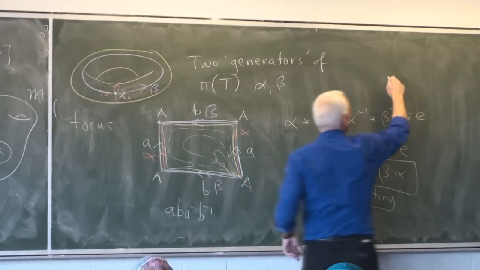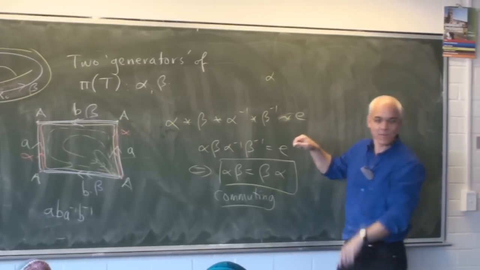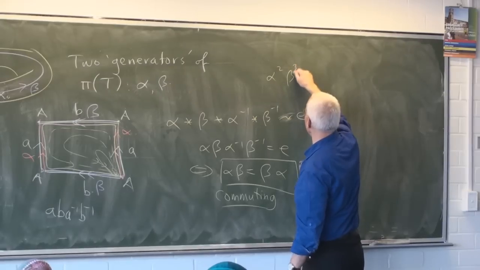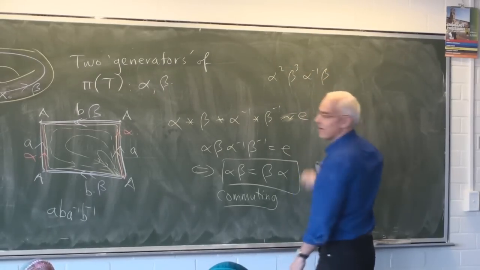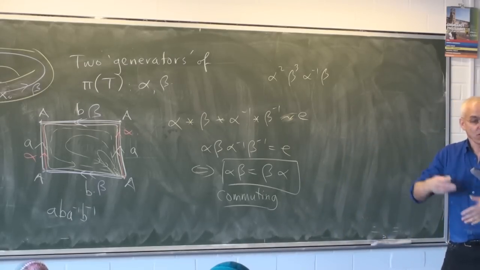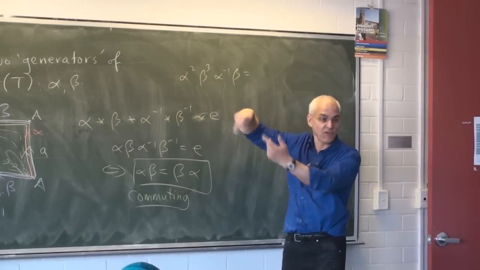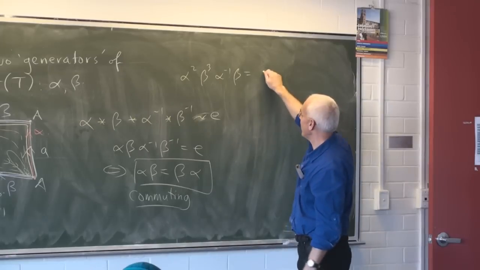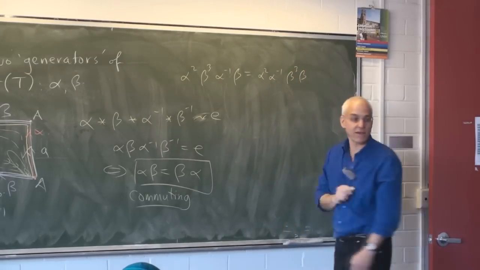So this makes describing the elements in this group a lot easier. If you have an element in the group, and if I'm allowed to not write the stars everywhere, let's say I just write alpha cubed, beta cubed, alpha squared, beta cubed, alpha inverse, beta. If you're going to work in the algebra of this group, you're allowed to commute alphas and betas. So you could rewrite this as alpha squared times alpha inverse times beta cubed times beta.